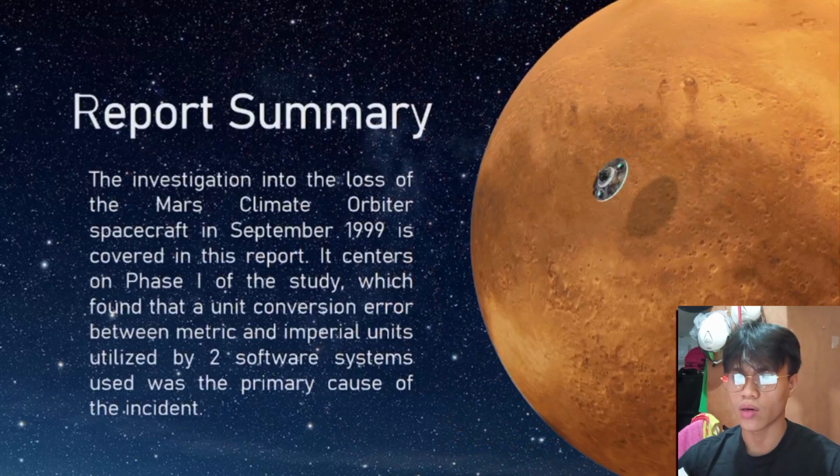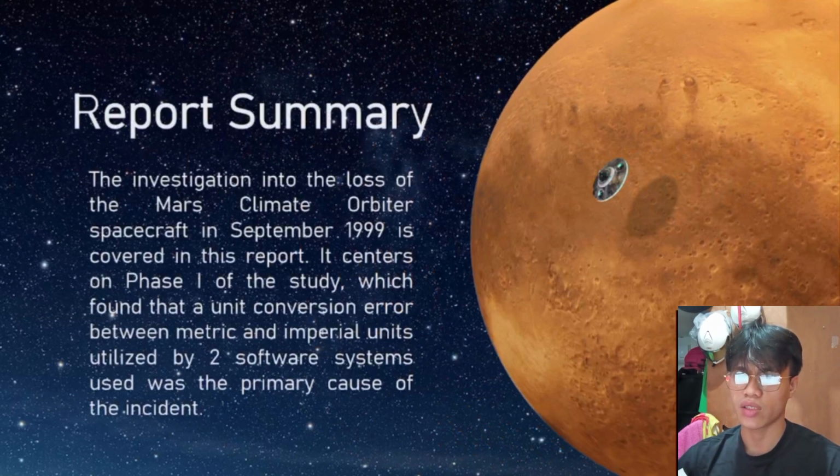Phase 1 has the goal of identifying the accident's fundamental cause, or the main cause of the accident. So, the study's most important finding is that several software systems made inaccurate unit conversions between metric and imperial units.